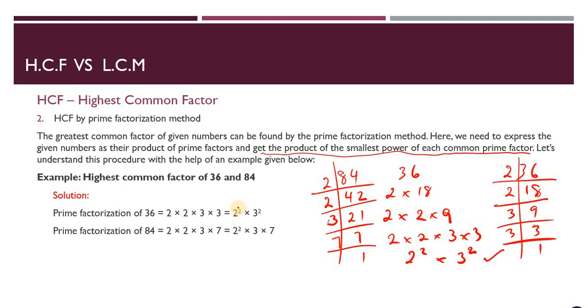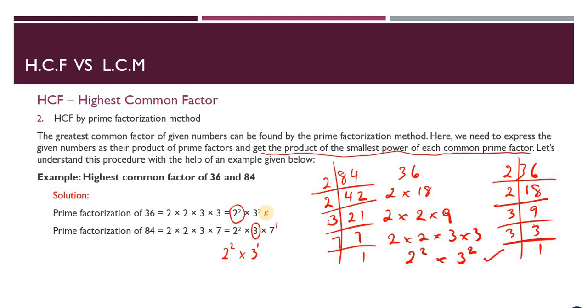The smallest power among these is just 2 to the second power itself, so we're going to use one of them. Among the 3 to the second and 3, we're going to use 3, because 3 is really 3 to the first power. And 7, well, we don't have another 7 here, but we can think of this as 7 to the first power.